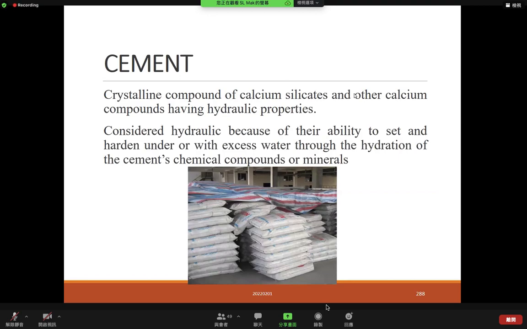Cement is a crystalline compound of calcium silicates and other calcium compounds having a hydraulic property. Considered hydraulic because of their ability to set and harden under or with excess water through the hydration of the cement's chemical compounds or minerals. Actually, in Hong Kong, there is a cement manufacturing company.